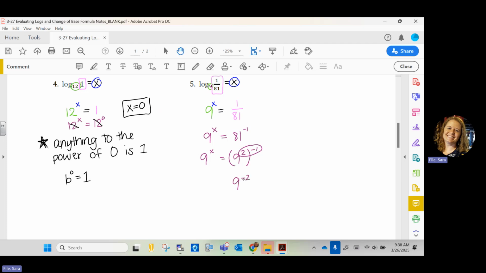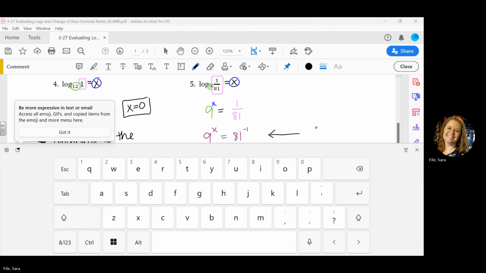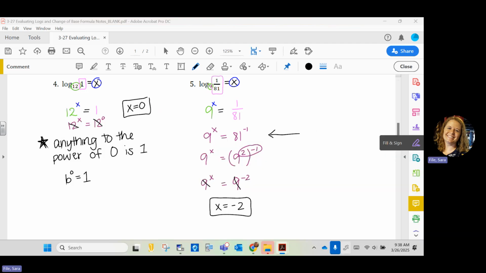So this is 9 to the negative 2. So x is negative 2. I'll put a little couple notes out here. I'm just going to rewrite the exponent rule as a refresher for you. You've got some base to the power of x.